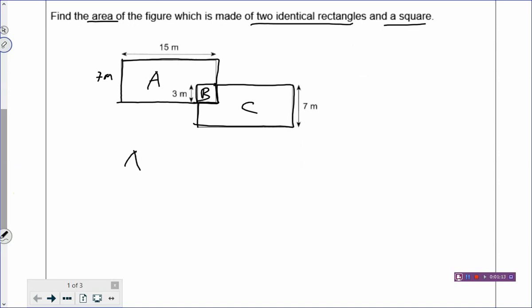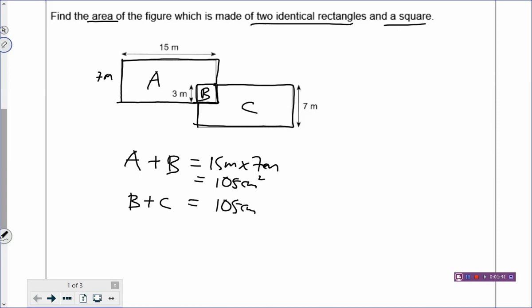I will write down A plus B, which is the rectangle. A plus B will be length times breadth, or 15 times 7, and the area of this rectangle is 105 cm square. Then how about B and C, which is the other identical rectangle? That will also be 105 cm square.